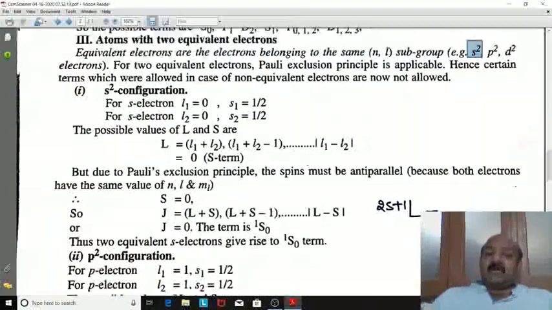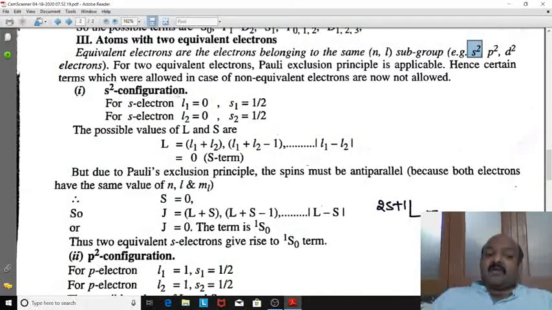Hence, certain terms which are allowed in the case of non-equivalent electrons may not be allowed for equivalent electrons. So we will see what will happen.